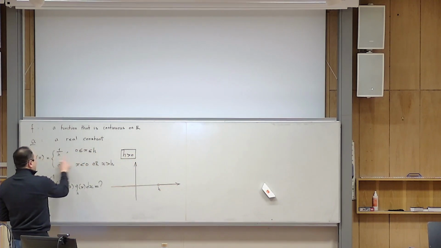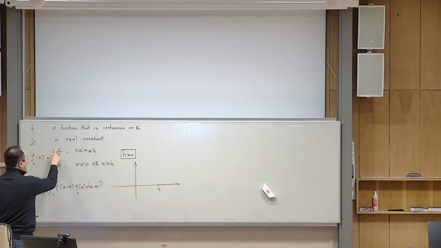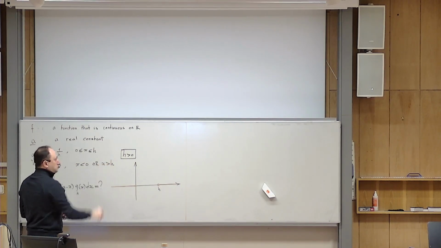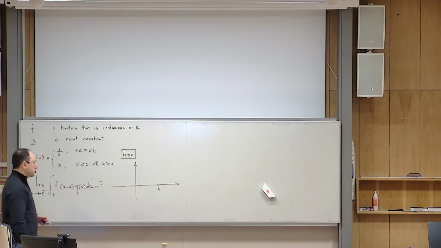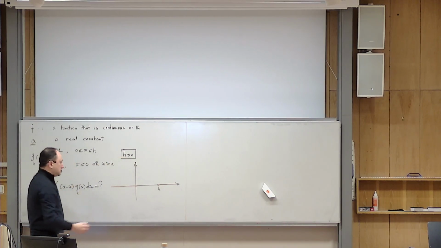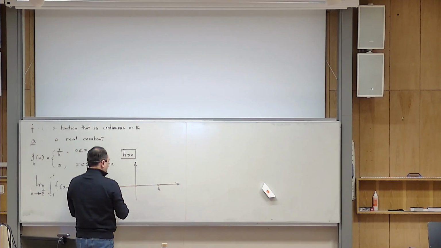But when it is in the closed interval from 0 to h, the function is a constant. But which constant? 1 over h. What is h? h is the number that I have chosen. Okay? So whatever h is, 1 over h is a constant. So let us assume that this is my 1 over h, somewhere here.